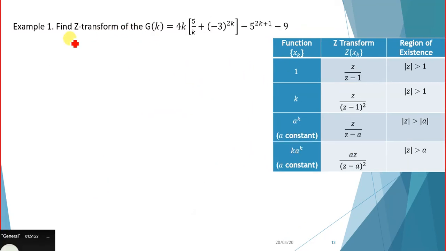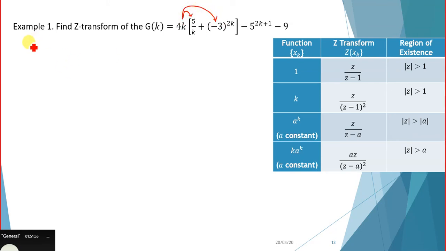Now when we have to find the z transform of this function, which we denote by g(k), again we have to make use of these rules. So before applying the rules, it's always important to simplify the terms first. So here you can see that 4k and bracket, and we know that in maths we use it for multiplication. So 4k is multiplied with both the terms.